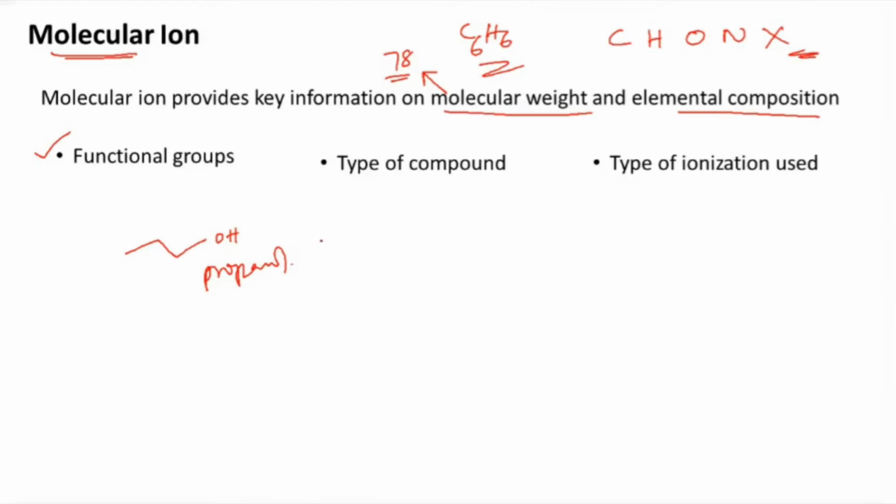If you subject propanol to EIMS, you will get OH plus. This ion will come, meaning the M plus ion will come. Whereas if you take OH, sorry, not this one.